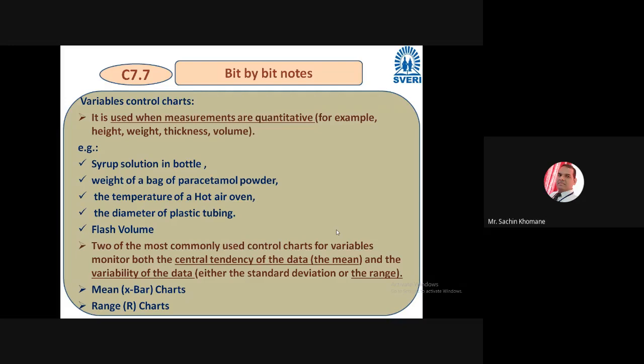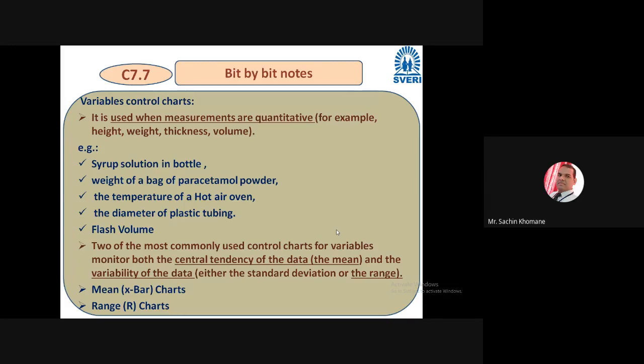I have told various examples from chemical industry, mechanical industry, thermal industry. Such things you can measure, and whenever you want to study or control this kind of thing, variable control charts are very useful. There are many types of control charts; I'm telling about the variable control chart, and the attribute type of control chart we may discuss later.